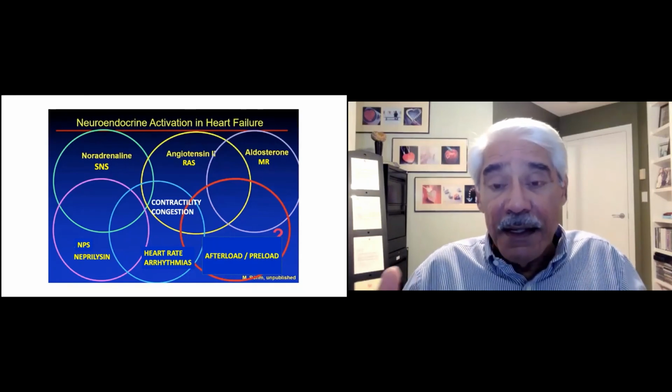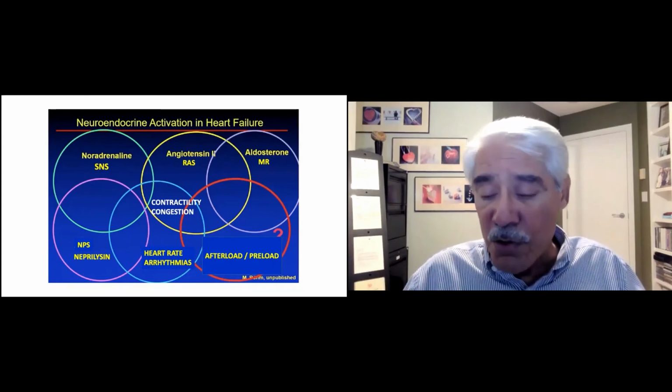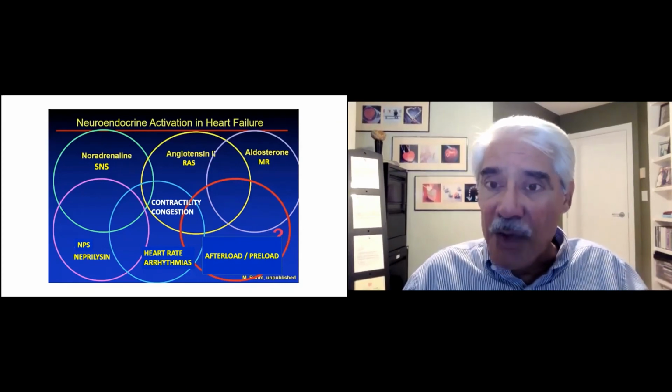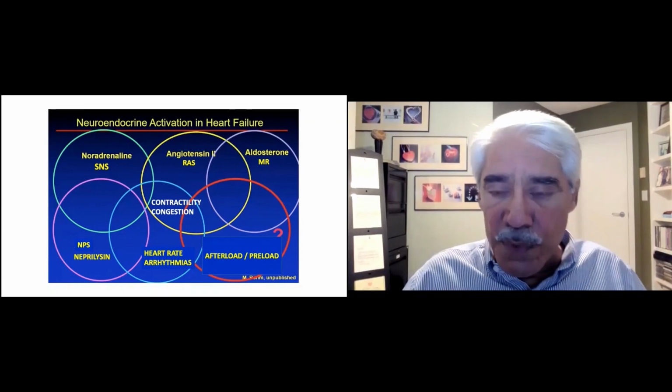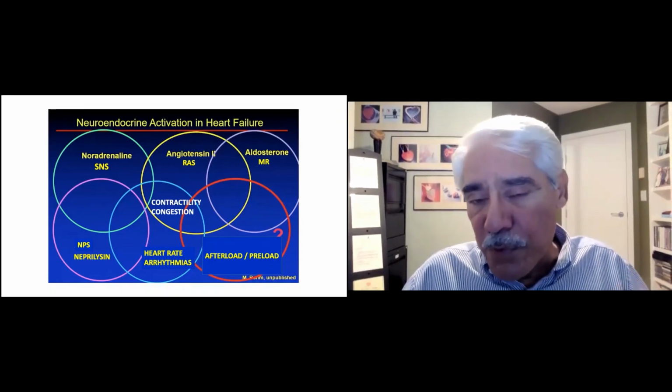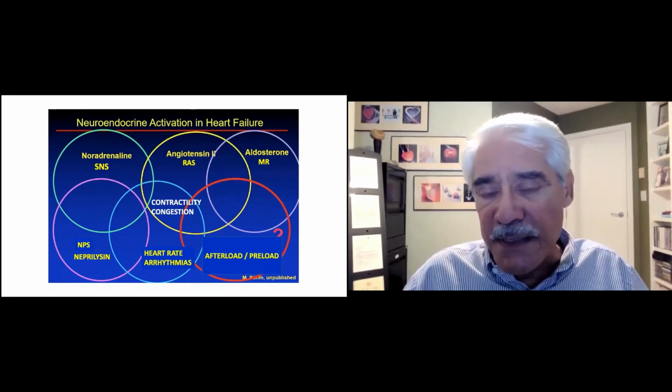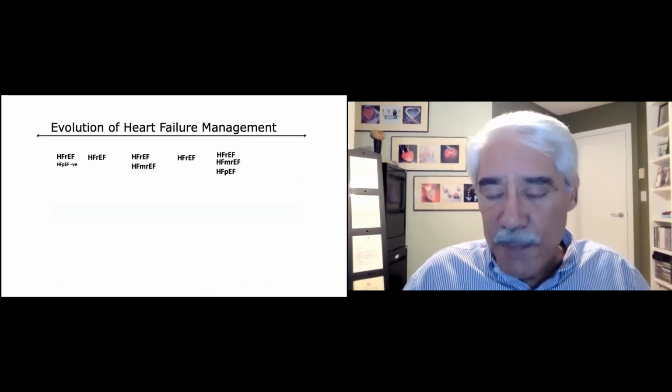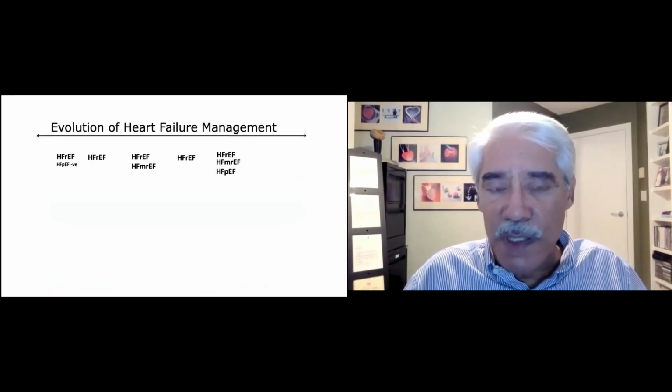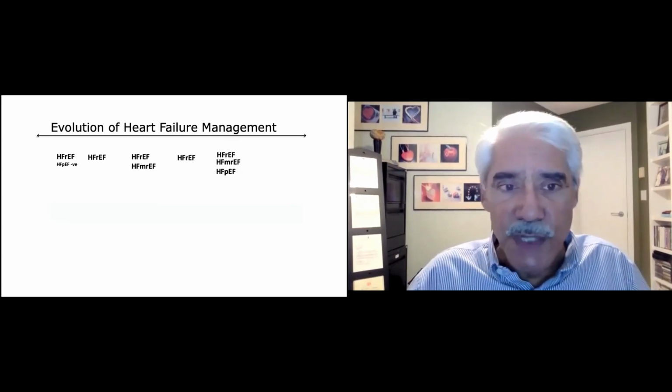And yet we do not know exactly how it works in heart failure. There are many proposals and comments and studies looking at the pathophysiology and how they work, but we do not know that today.